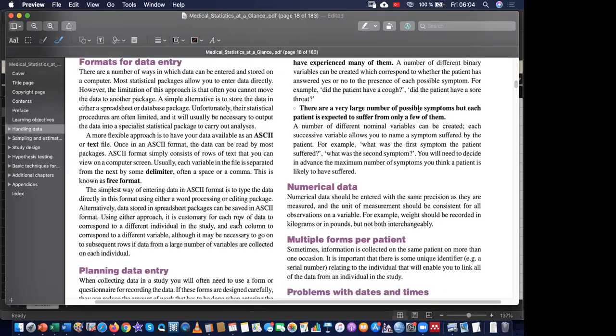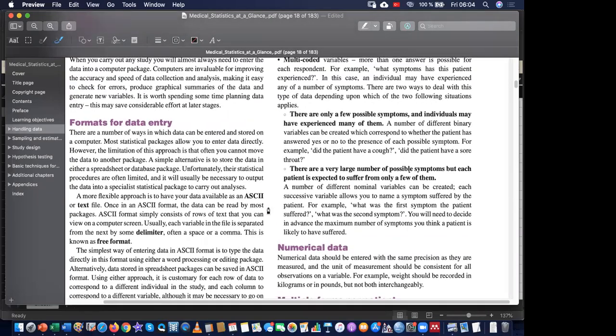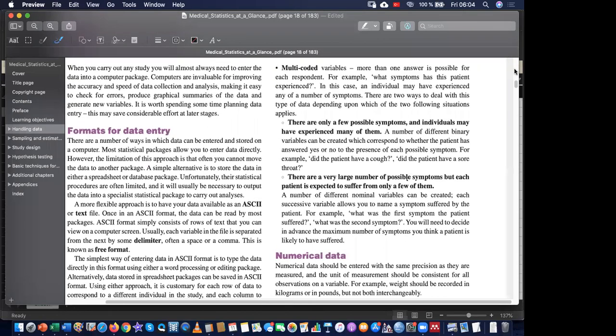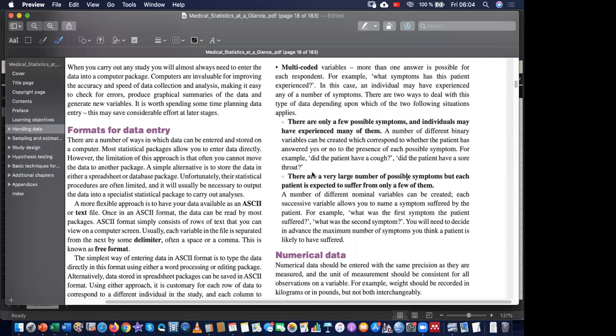Here, let's go to the book. As you see in the book, we have 2 options, 2 possibilities. There are only a few possible symptoms or a few possible responses, and individuals may have experienced many of them. Or the other possibility could be, these are the multi-coded variables, by the way.